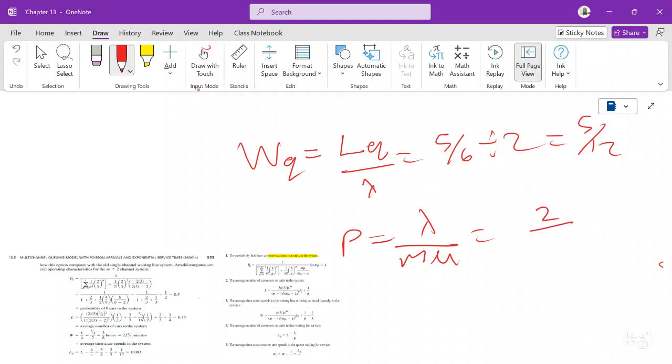I want to confirm my 5 over 6 divided by 2. Five divided by 12 equals 0.41. Okay, my answer, oh yeah, it's correct. Lucky me. 0.41. Yeah, WQ is correct.